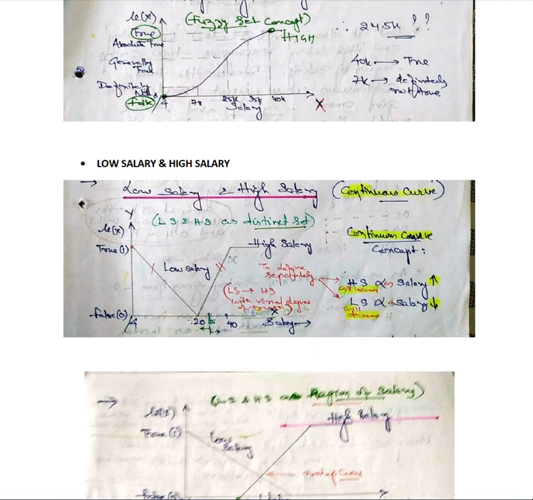Anything between 4 and 20, we take into consideration this particular membership plot, and whenever it is 20 onwards we take this other plot. You should not get confused between the low salary. 20k means low salary and 4k means high salary is not what it is talking about.